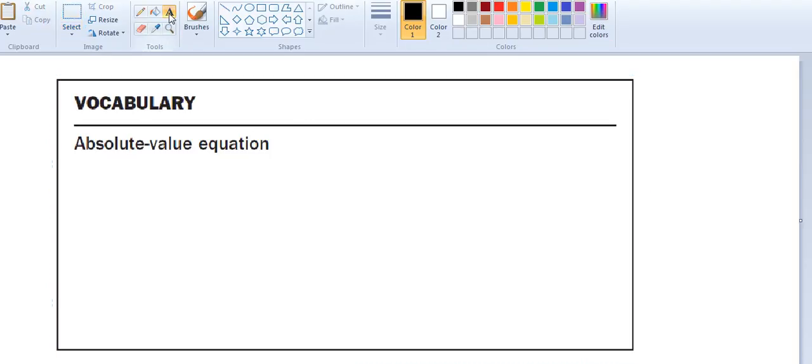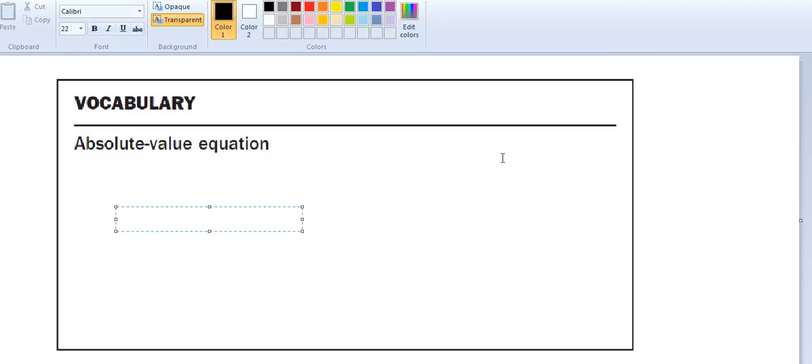And the definition looks like this. An absolute value equation is an equation, notice that we're dealing with equations right here, not inequalities right now, of the form, and it's going to look like this.